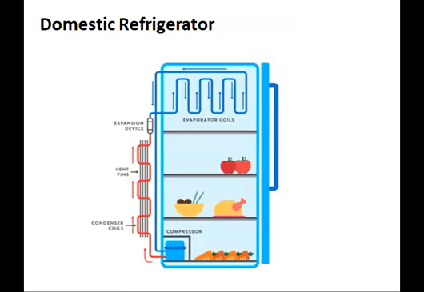Let's look at some more applications. The domestic refrigerator that we use, in which we absorb heat. Refrigeration is basically a cooling process which occurs when the liquid refrigerant absorbs heat by evaporation, generally at low temperature or low pressure.